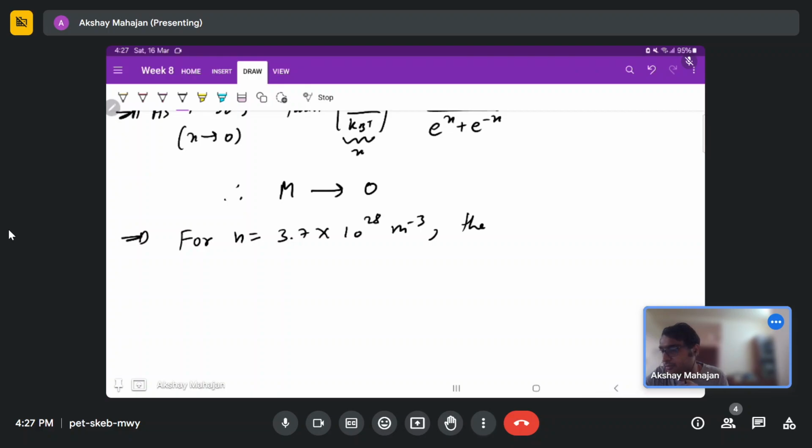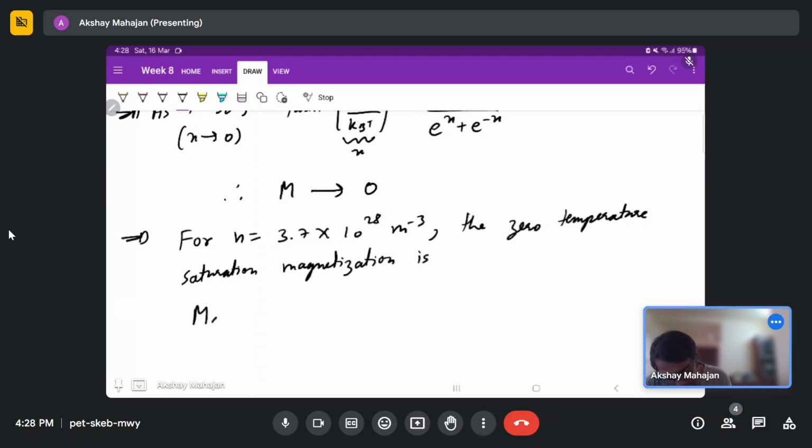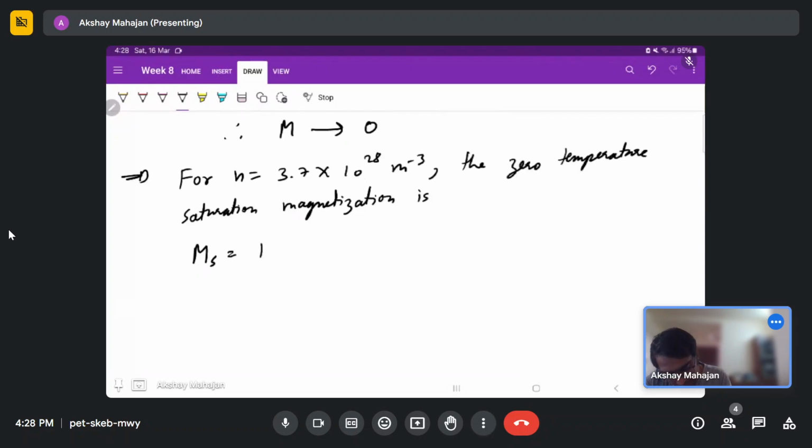The zero temperature saturation magnetization, hence, this Ms we know is basically n times μ_B.